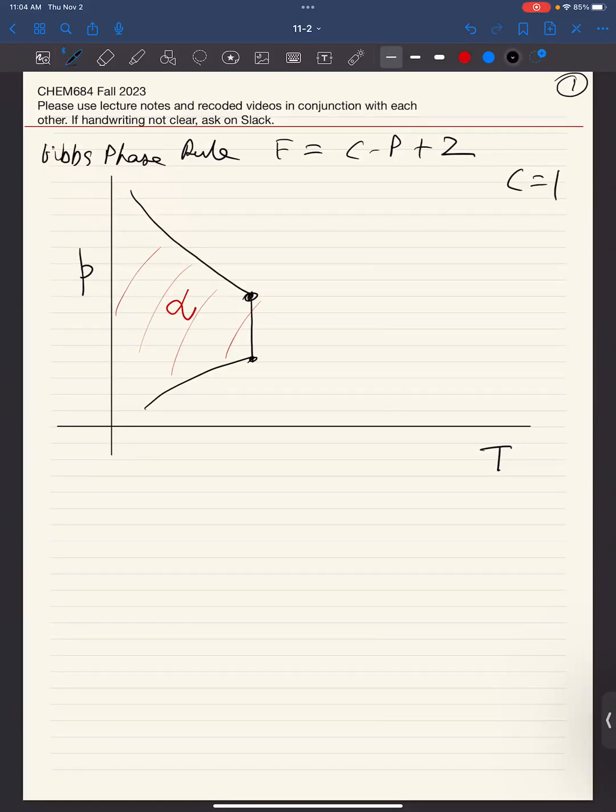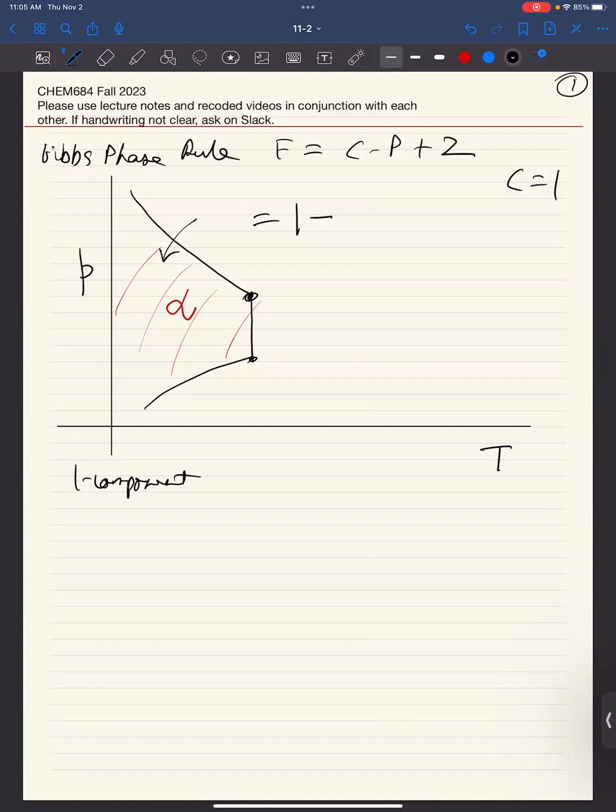So we have F is equal to C minus P plus 2. And this is a one component system, okay? Everything would change depending on whether it was 1 or 2. So what is the value of C? One component, right? And I shaded an area. So what is the value of F, the number of degrees of freedom?